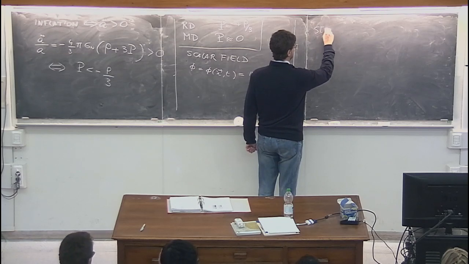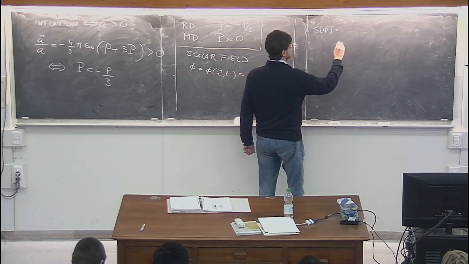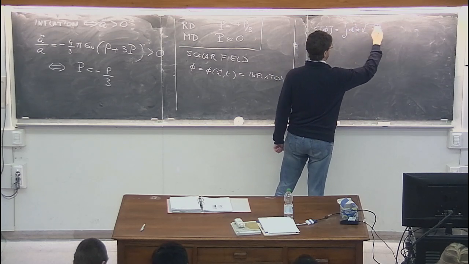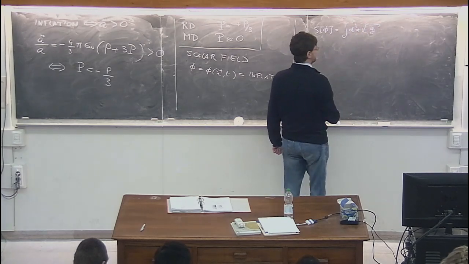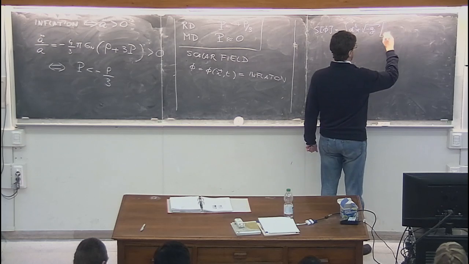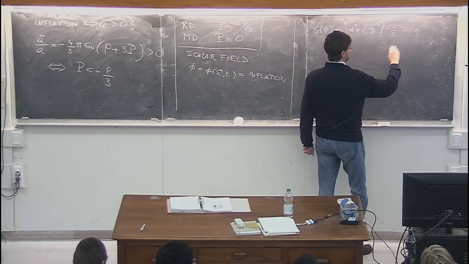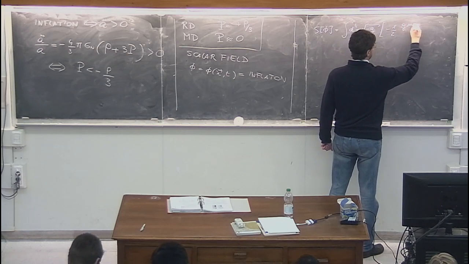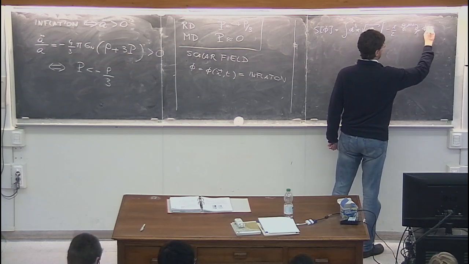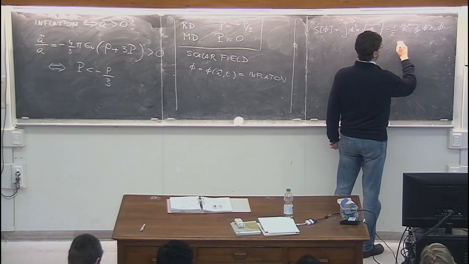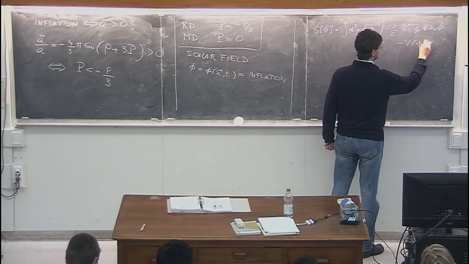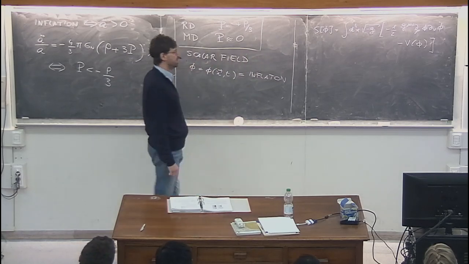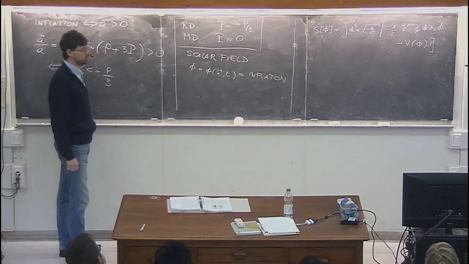Let's write down the action for it. So it's the integral d^4x, the square root of minus g, that I have to put because my space-time is curved. And here I use this convention. I write it as minus 1/2 g^{mu nu} partial_mu phi partial_nu phi minus V of phi. So I also introduce a given potential for this scalar field, and this is the action.